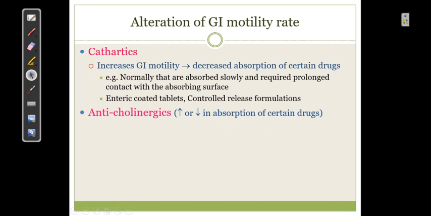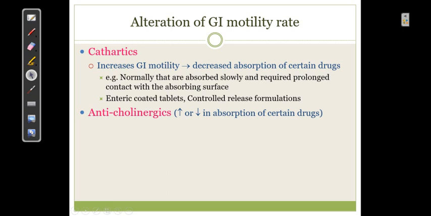I'm very sorry, I have described the point in reverse. Increase in absorption of certain drugs can be considered because we have learned that if a drug is increasing GI motility, then absorption is slowed down. Similarly, if your drug is reducing GI motility, absorption can be increased because the contact time is prolonged.